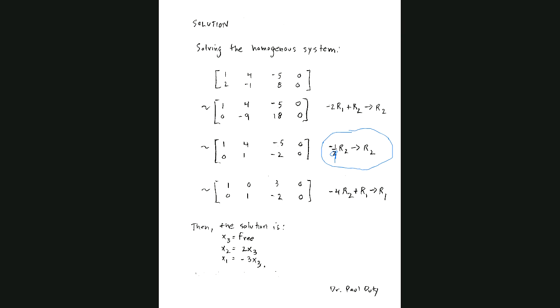Well done. So I'm taking the second row over here, and I'm dividing by -1/9. Okay. And that'll be reflected in the recording as well. Good catch. Thank you.